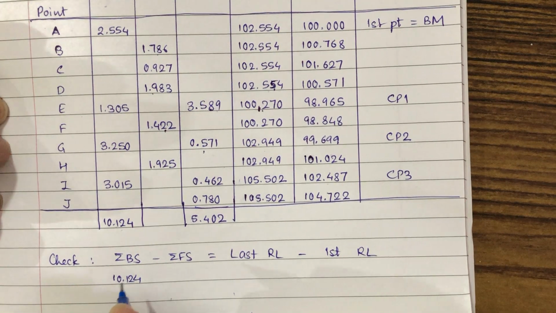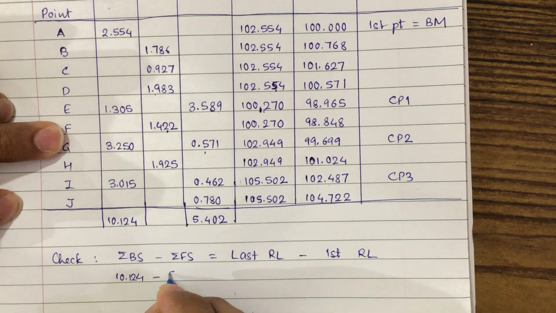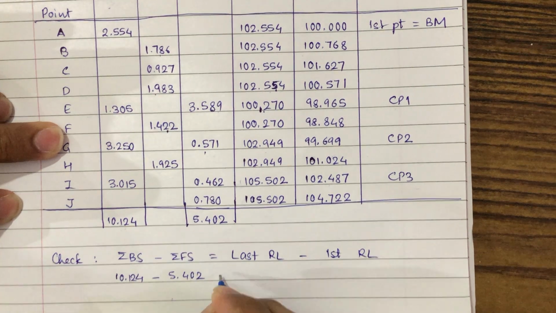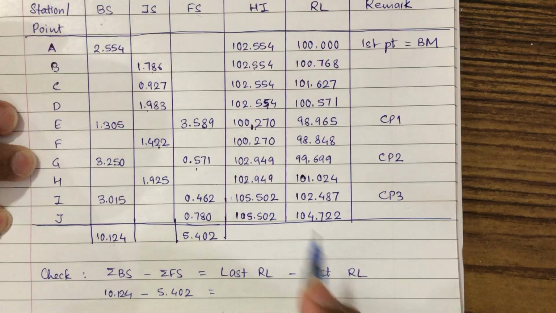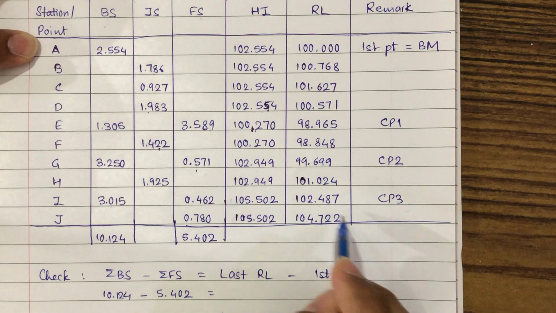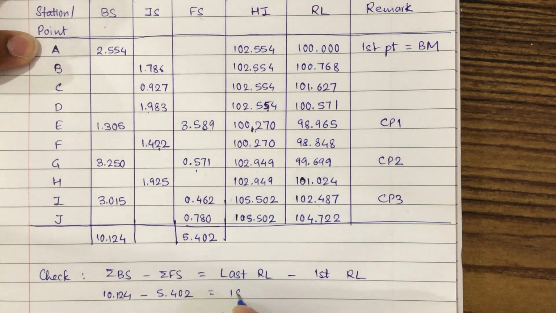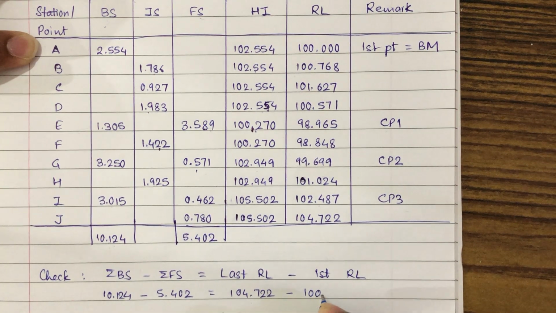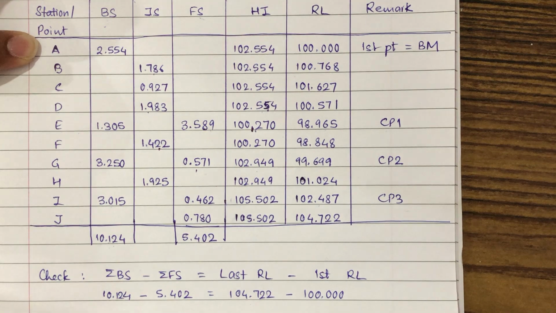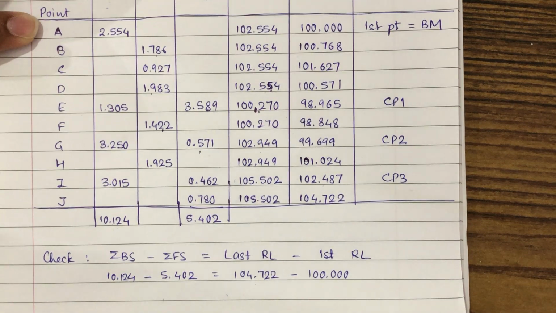So here, summation of backsight 10.124 minus summation of foresight 5.402 should be equal to the last RL, 104.722, minus the first RL, 100. Both values should actually match.